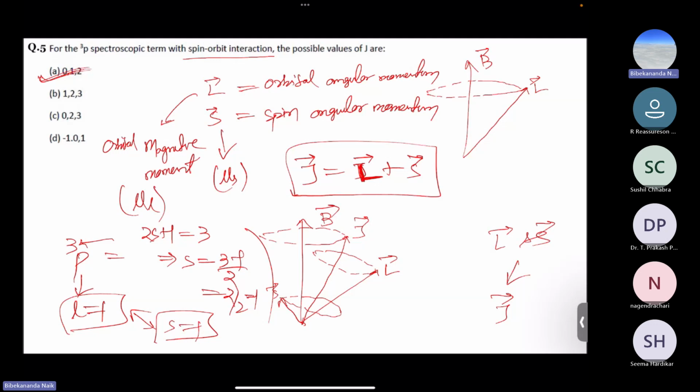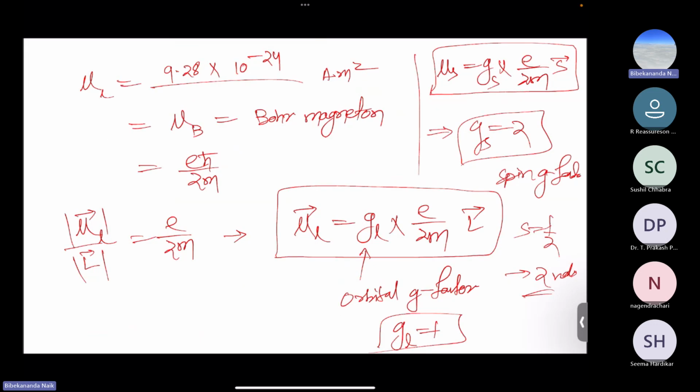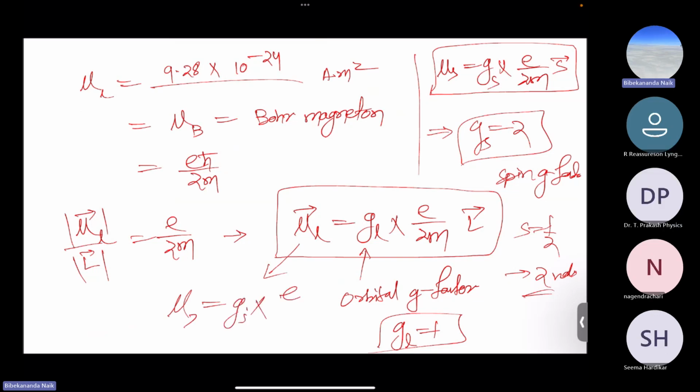Instead, they interact with each other, and as a result, there is a third angular momentum, which is called the total angular momentum. The J vector is equal to the L vector plus the S vector. Like these expressions for mu L and mu S, there is mu J also, which is Gj into e by 2m into the J vector, where Gj is called the Landé g factor, and the value of Gj depends upon the values of the quantum numbers.